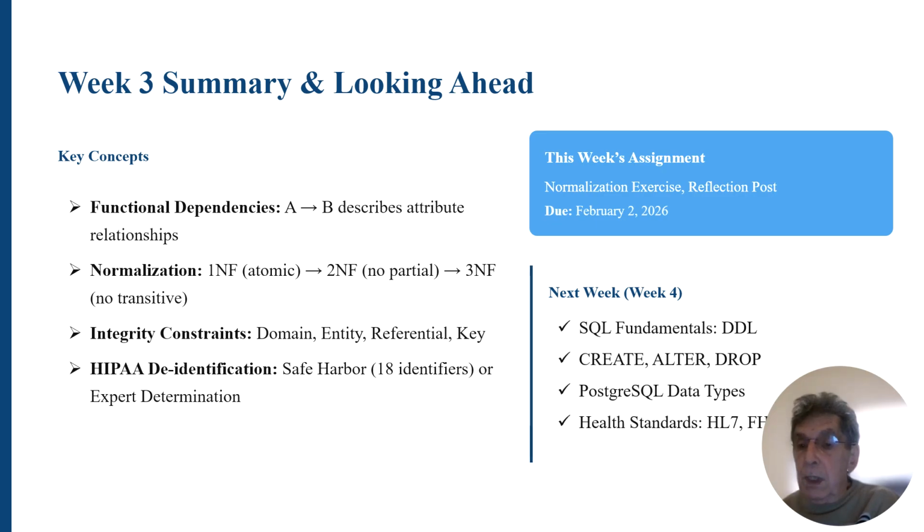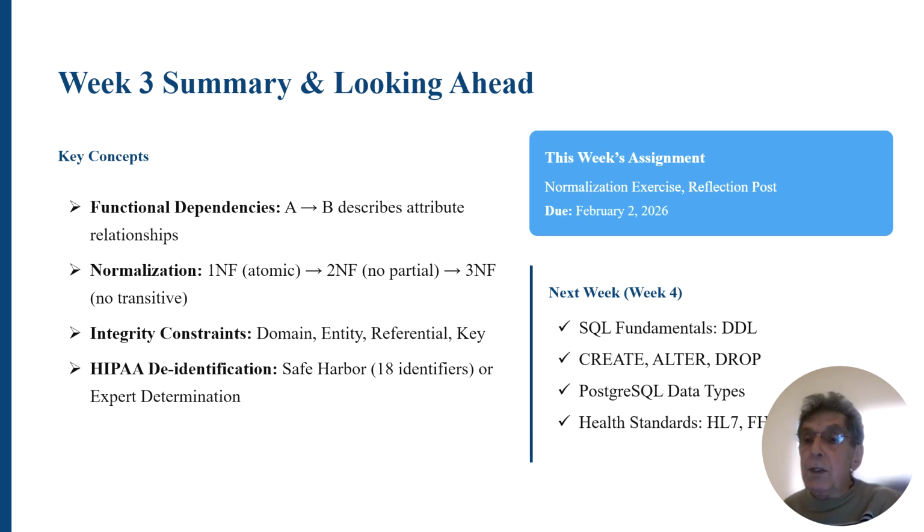First normal form has only atomic values, no repeating groups. Second normal form means there's no partial dependencies, and third normal form means there's not even any transitive dependencies. Each normal form eliminates a category of redundancy and the anomalies it could cause.